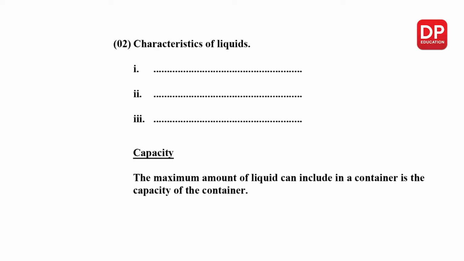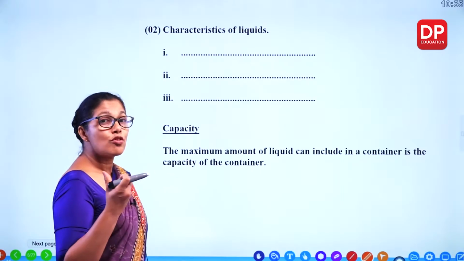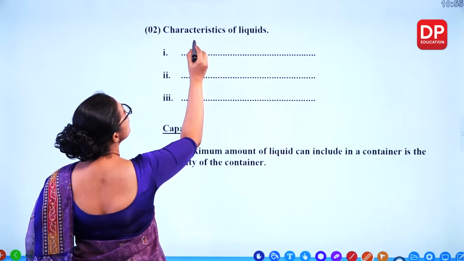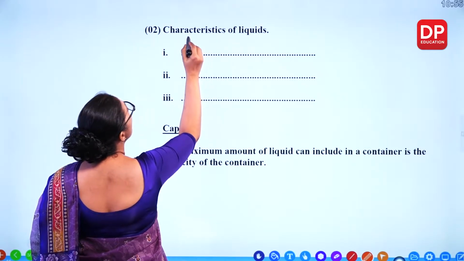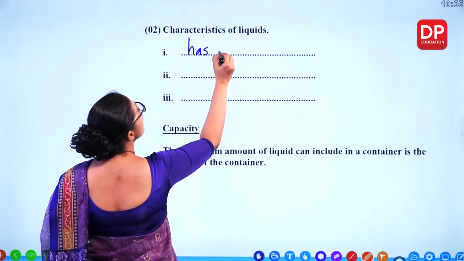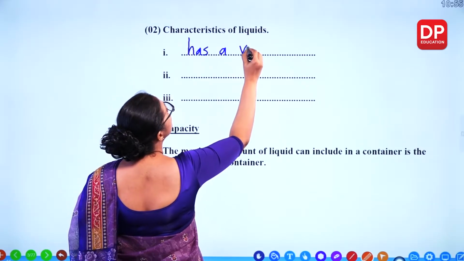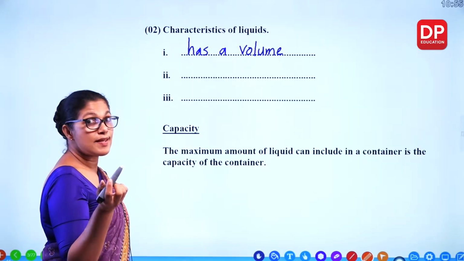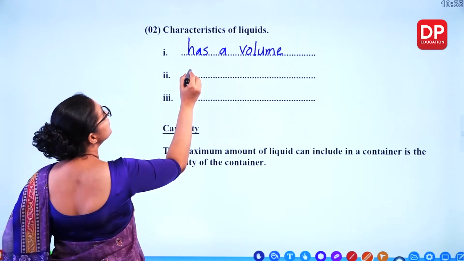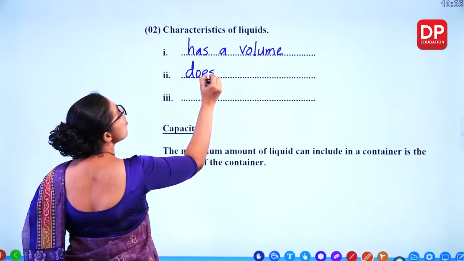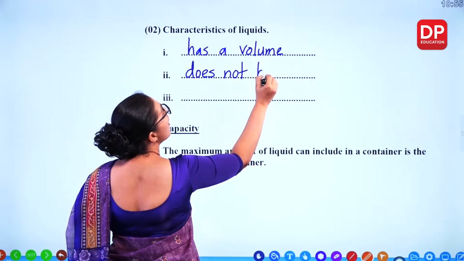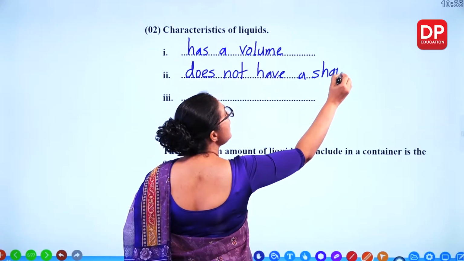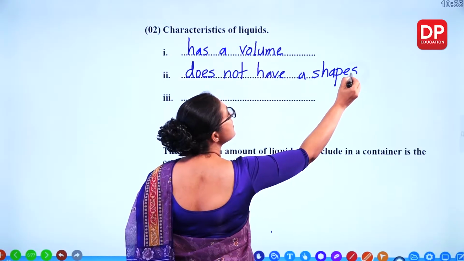Characteristics of liquids. What can you say? Liquids have a volume. They do not have a shape, and only take the shape of the container.